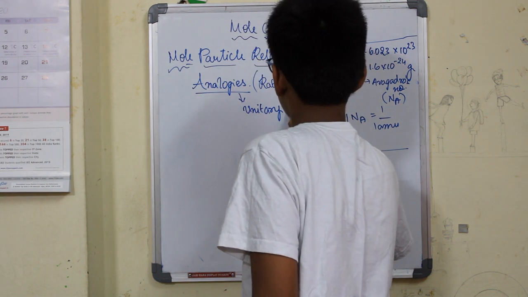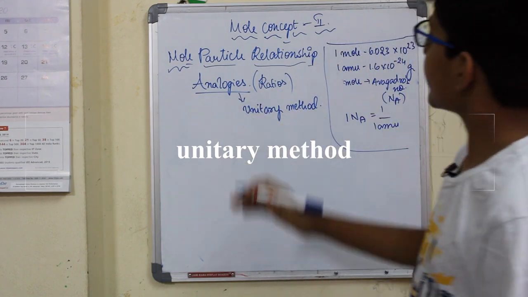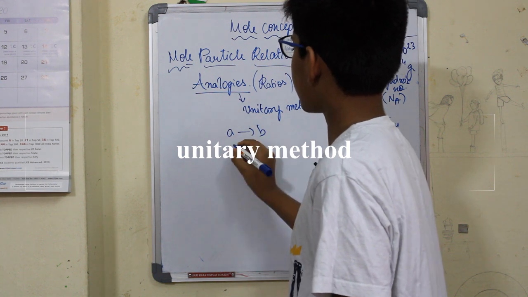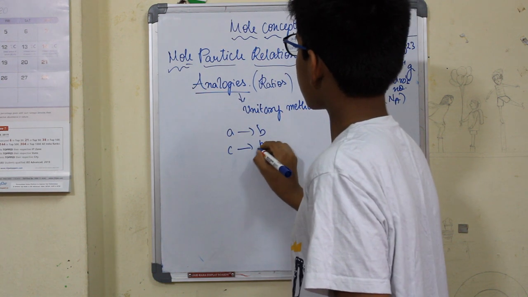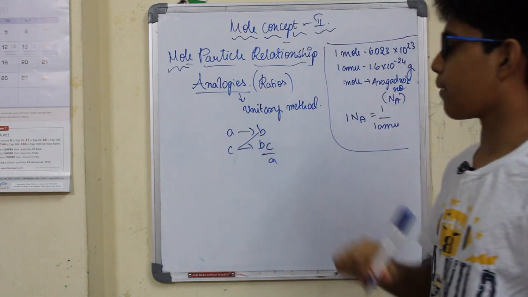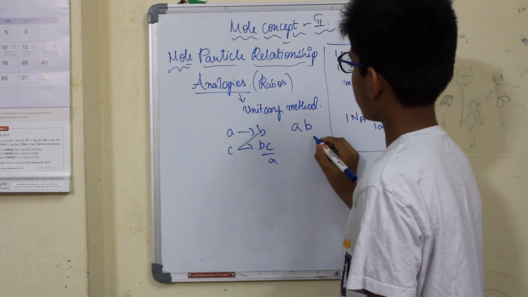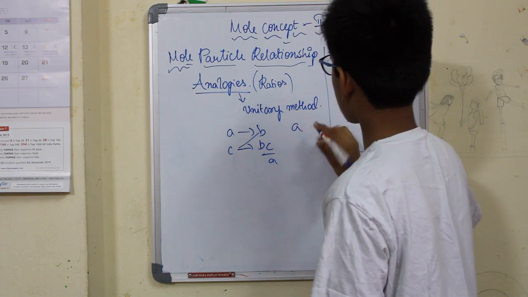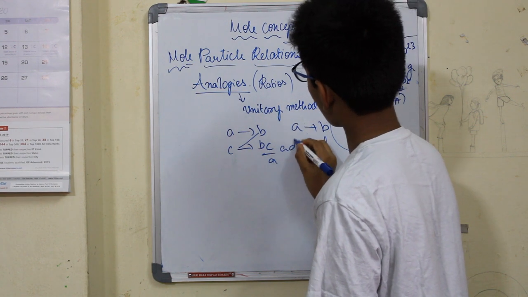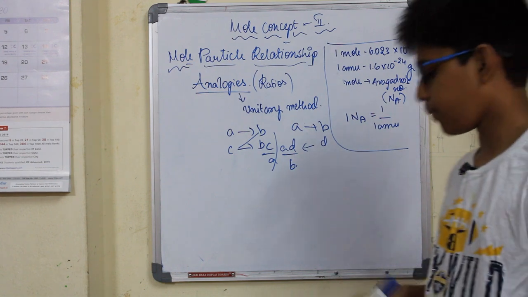Very simple. Unitary method means A is to B, then C is to BC upon A, cross multiplication, this into this divided by this. And in a similar way, A is to B, then D is to AD upon B. This is very simple.